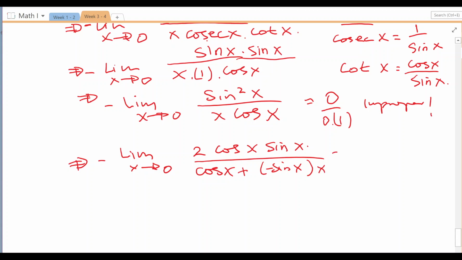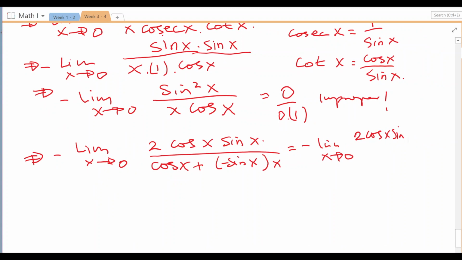So this equals negative limit as x approaches 0 of 2 cos x sin x over cos x minus x sin x.